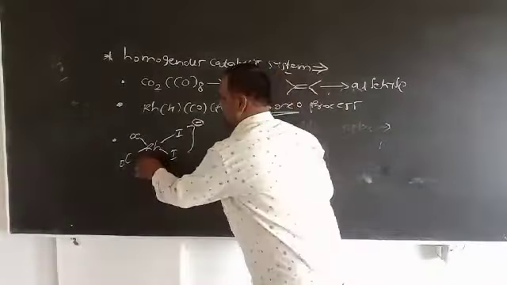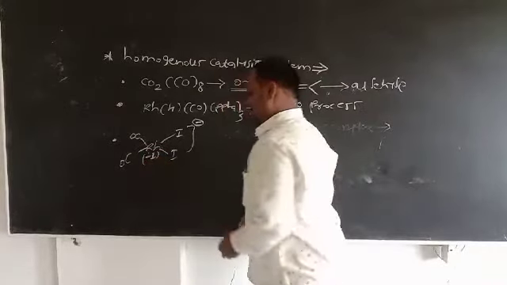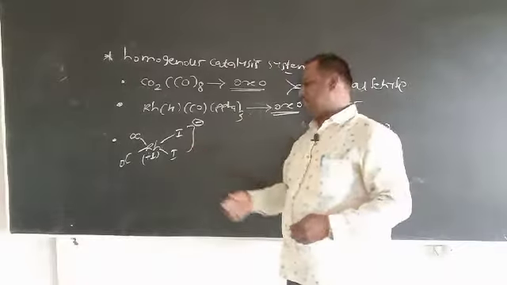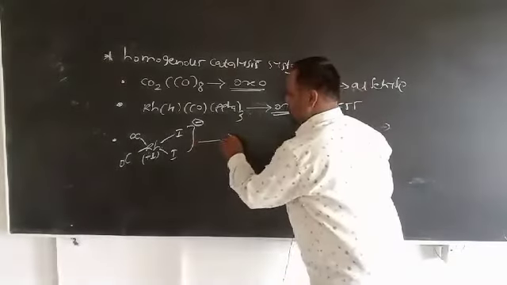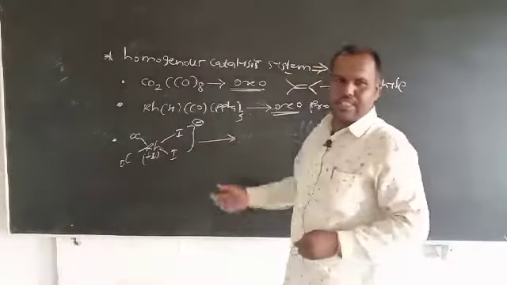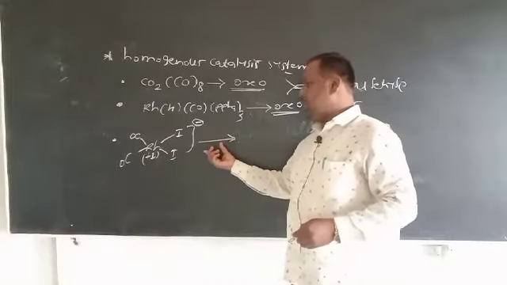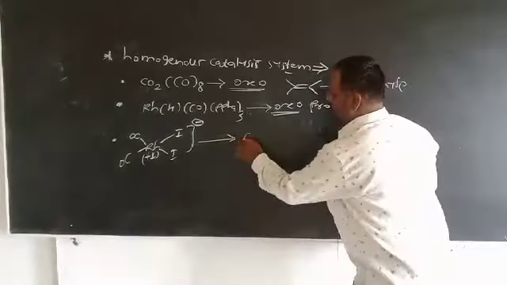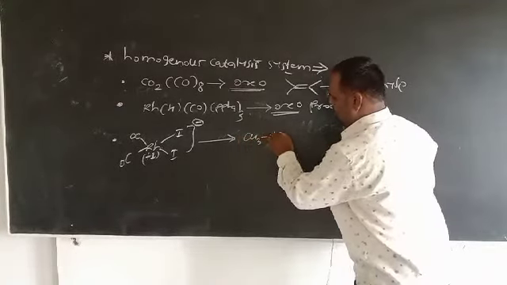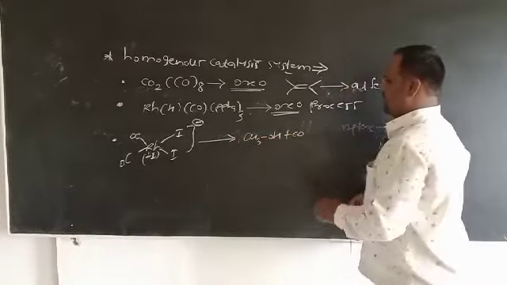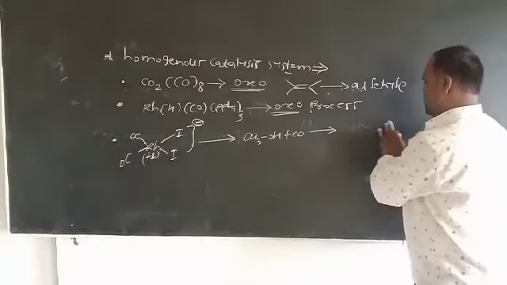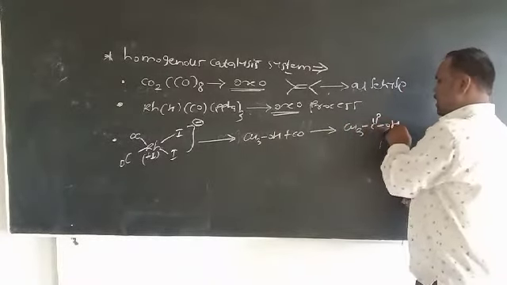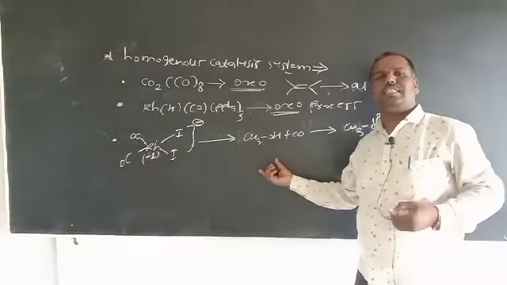Rhodium is in the +1 oxidation state and it is useful for carbonylation reaction, that is conversion of alcohol into acetic acid. So conversion of methanol, CH3OH, by insertion of CO gives acetic acid, and this process is known as Monsanto acetic acid synthesis.